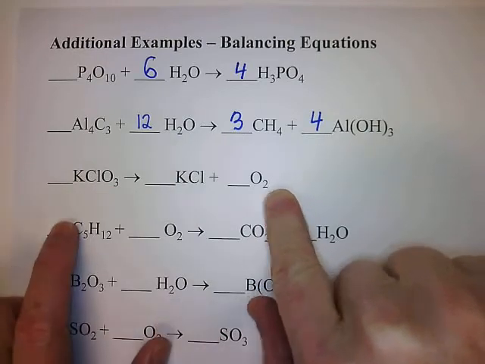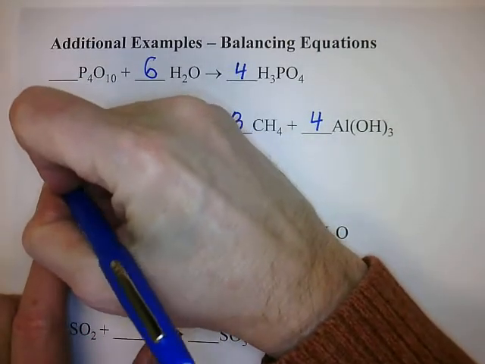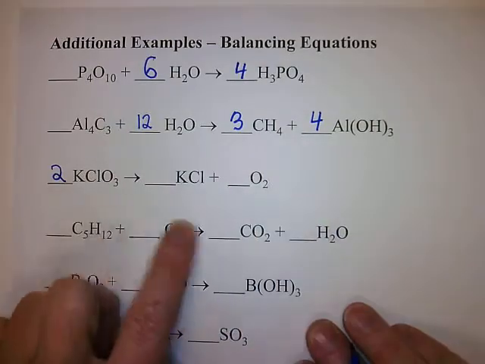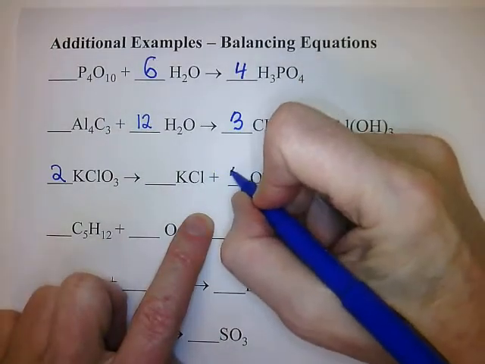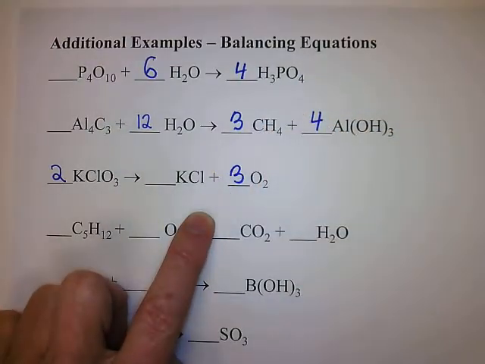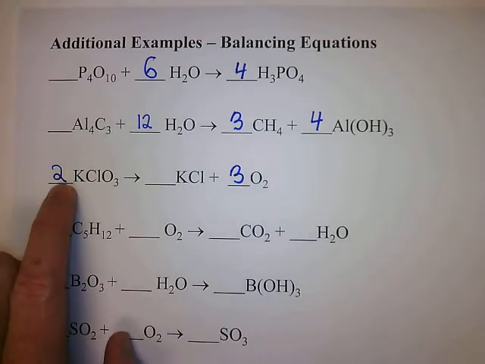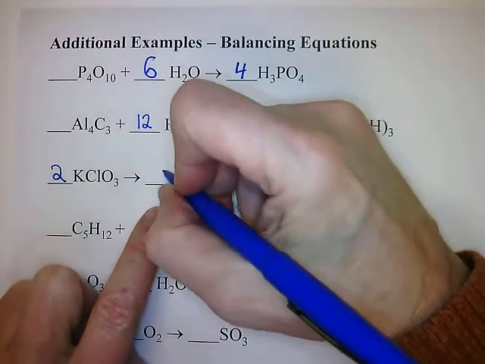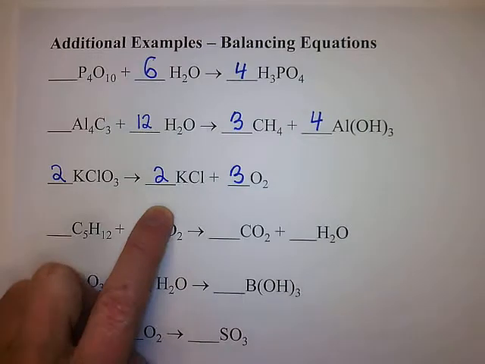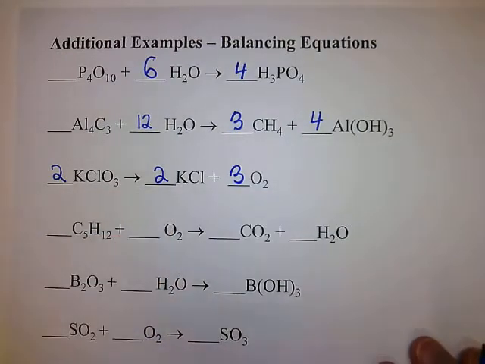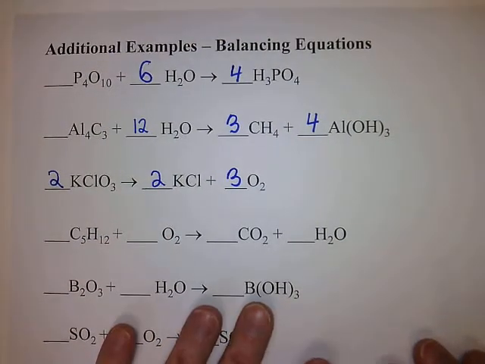So to make the oxygen balance, we would have to have a 2 here and a 3 here. And then, because we have a 2 in front of the KCl, we'll have to make 2 KCl's, potassium chlorides, and that's it. That's balanced.